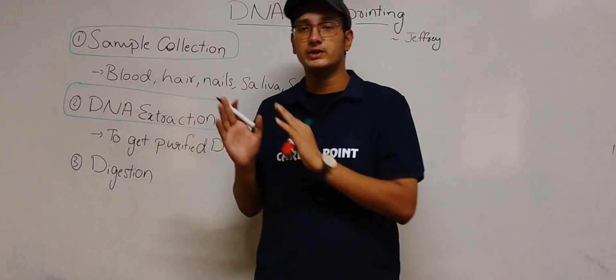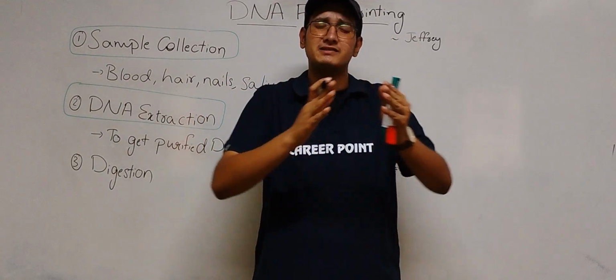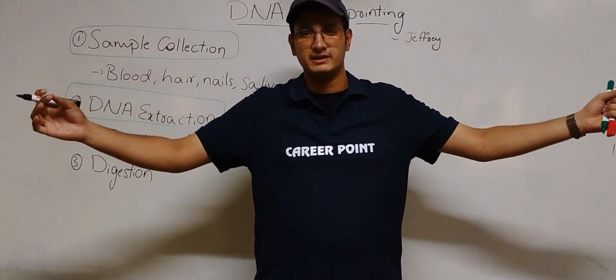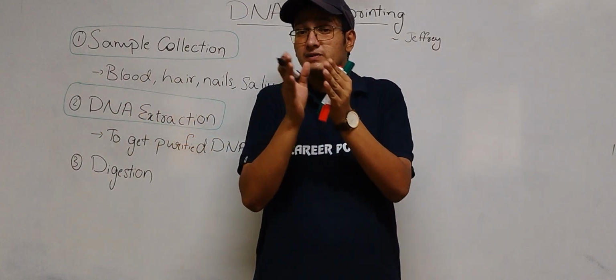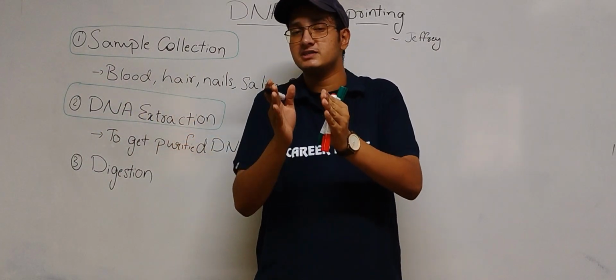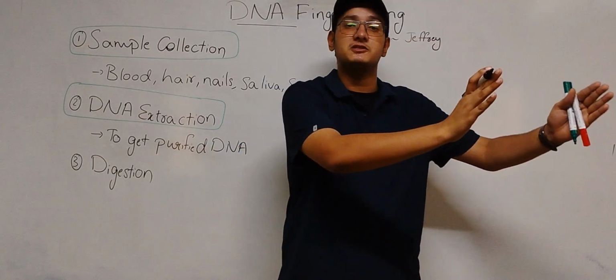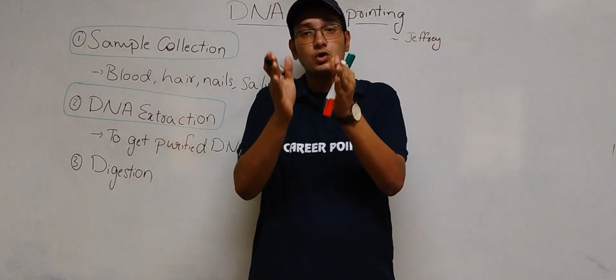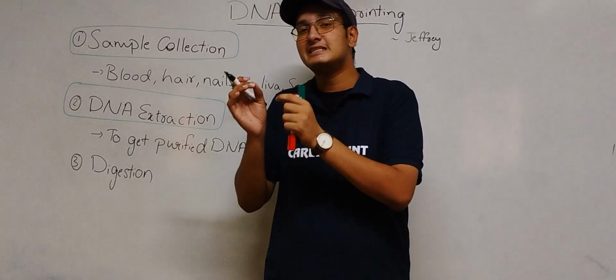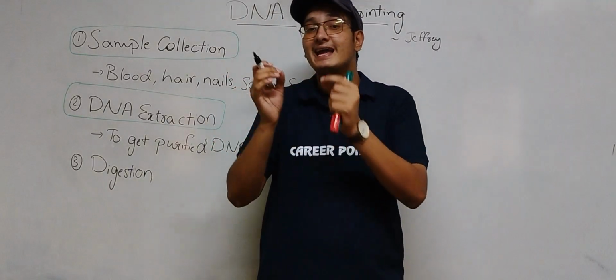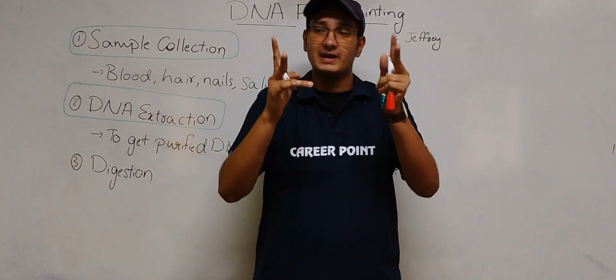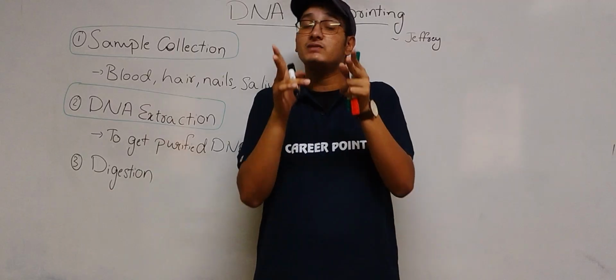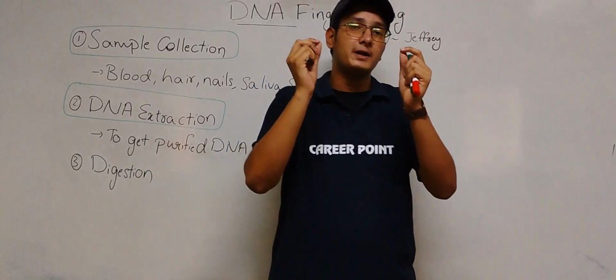So why are we doing this? Because DNA is a very big and long thing, and we need only a few parts. We are studying non-coding regions; we are not studying coding regions. So these restriction digestion enzymes act like scissors, and they will cut the unnecessary part and give us only the required part of it.